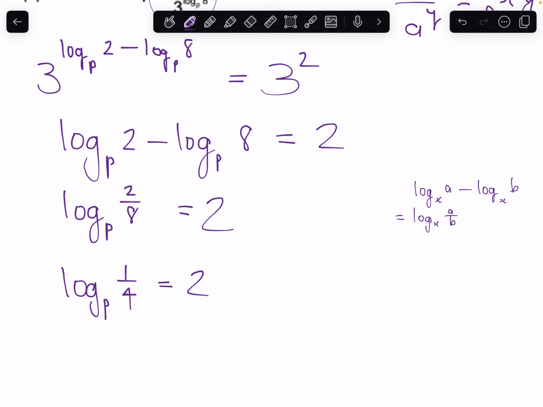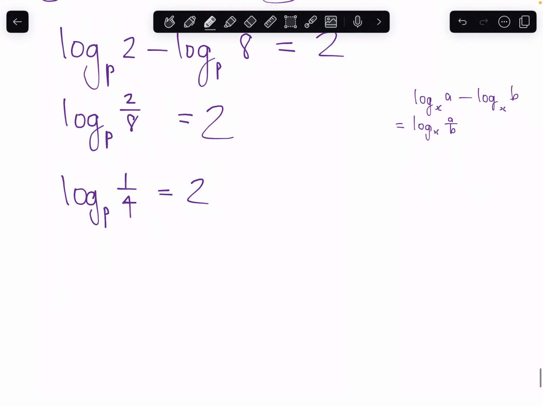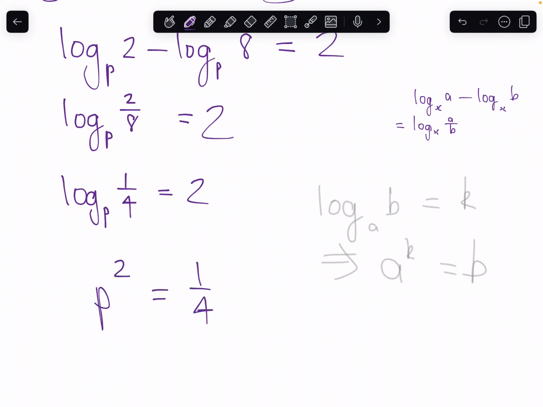Then we can use our knowledge of the relationship between logs and exponents to rewrite this equation. Log base a of b is equal to k just means a to the power of k is equal to b. So likewise over here, p to the power of 2 is equal to a quarter.